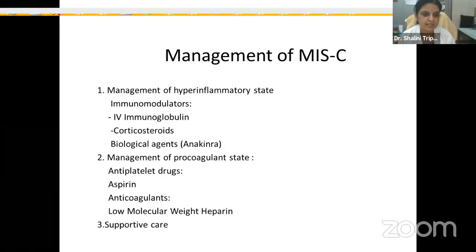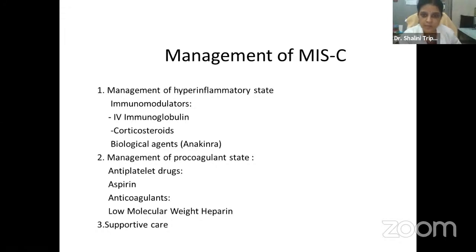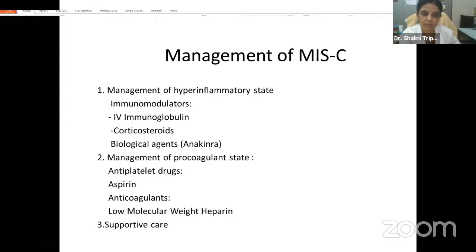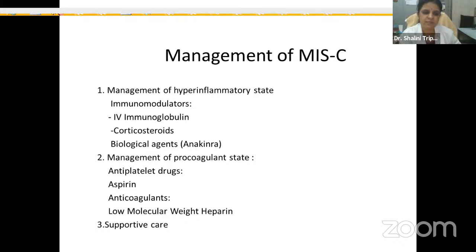So the management actually has 3 parts. First, we know that it is a hyperinflammatory condition, so we have to give immunomodulators such as IVIG, IV immunoglobulin, and corticosteroids, and sometimes you may need to give biological agents like anakinra, which is an anti-interleukin agent.